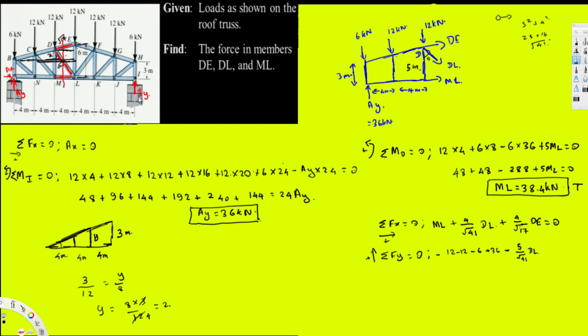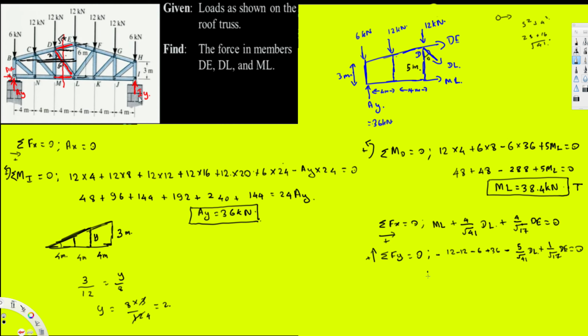And here, for dE, it is going to be sine theta to make the vertical component, but in this case this is acting upside, so it's going to be positive. Sine theta is going to be opposite over hypotenuse. Opposite is 1 over root 17 dE is equal to 0.